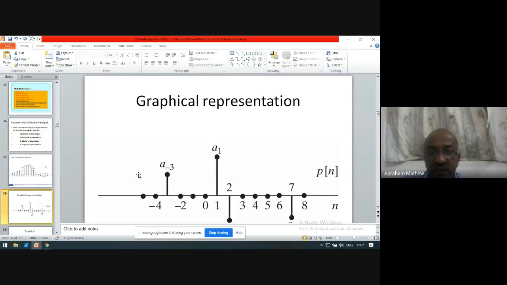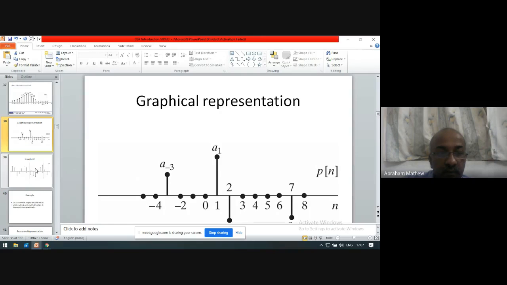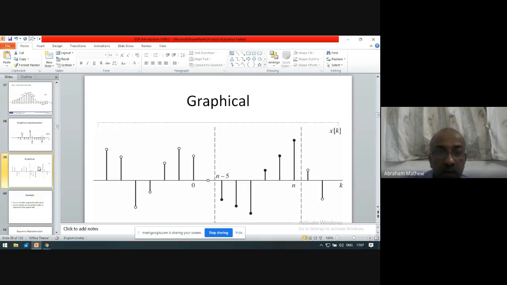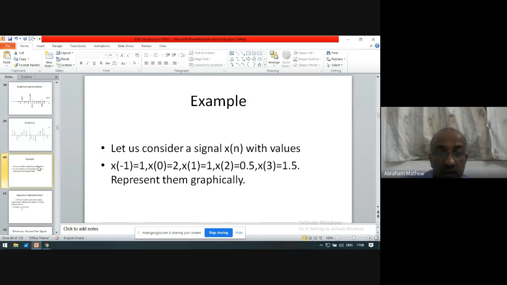Again, this is also a graphical representation of a discrete signal. Different ways we can have the signal represented in graphical representation. For example, a discrete signal x of n with values x of minus 1 is equal to 1, it is given.